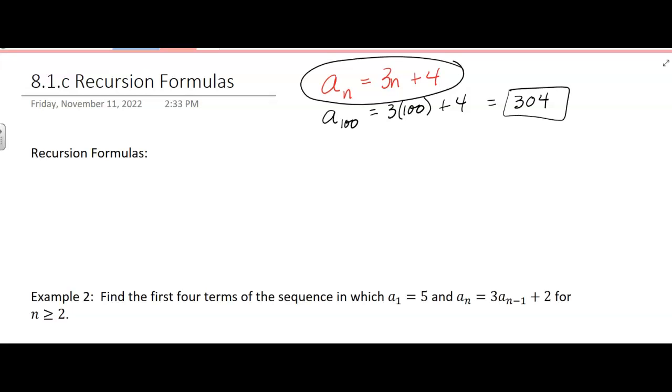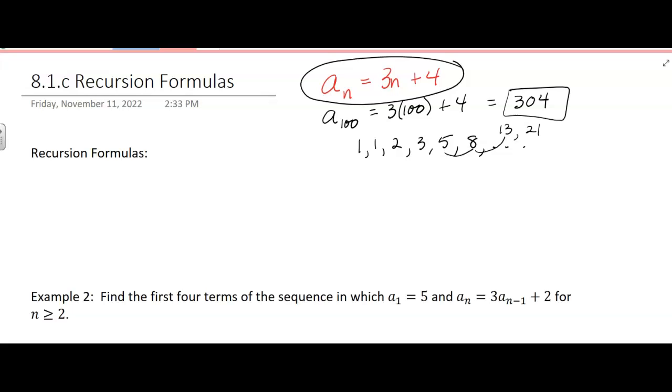Okay, but remember our other sequence, the Fibonacci one? We had 1, 1, 2, 3, 5, 8, and it kept going. And remember, it was based on the previous terms, like 5 plus 8 got you the next term, 13, right? And then you had to take the 8 and 13 to get the 21.